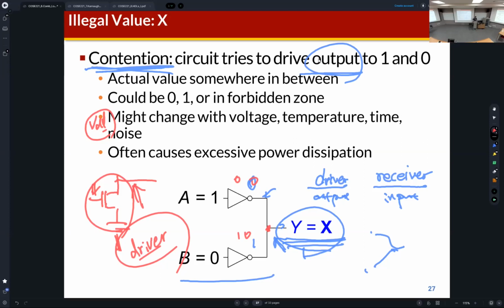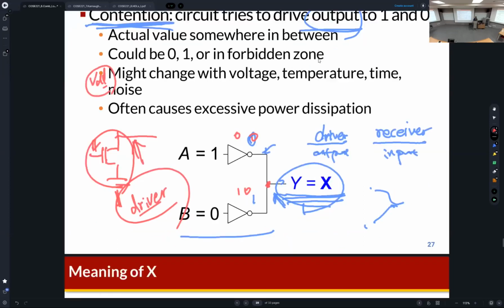Silicon is a kind of sand or a similar material to sand or rock. It's actually stone. So we cannot fix it. We cannot modify it. It's very hard. So we have to avoid this situation, the contention.